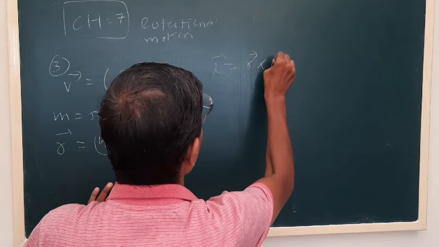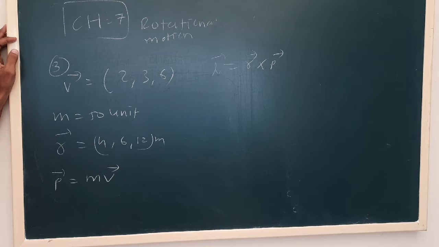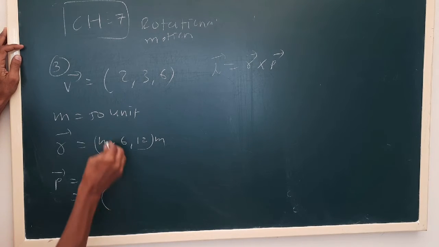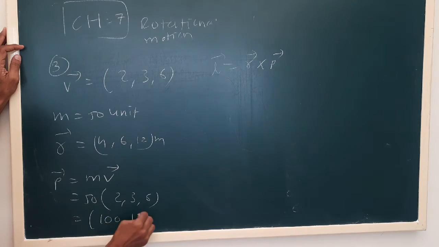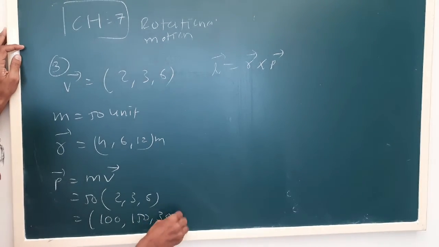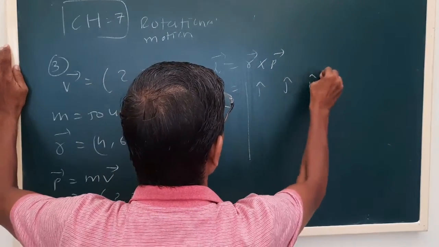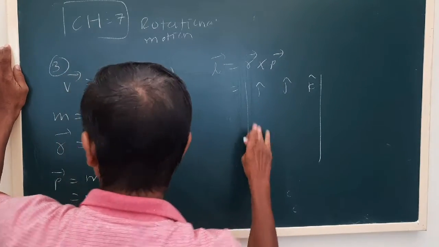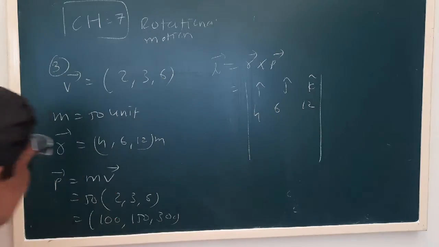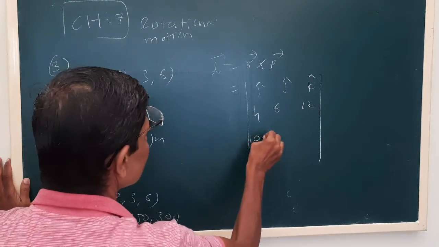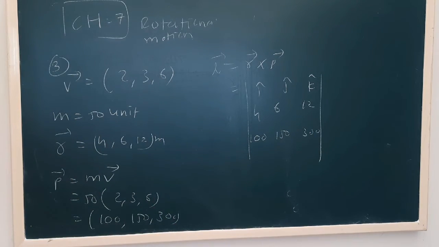L is equal to R cross P. First we obtain the value of P. P is equal to mv, so 50 times the velocity, which is 100, 150 and 300. Now L is equal to R cross P, with rows I, J, K. R is 4, 6, 12. Momentum is 100, 150 and 300.